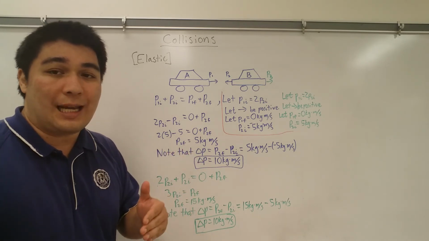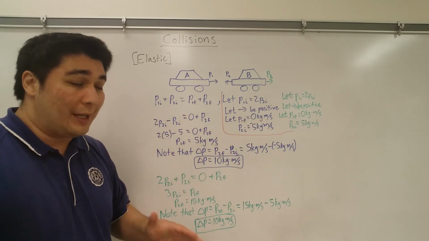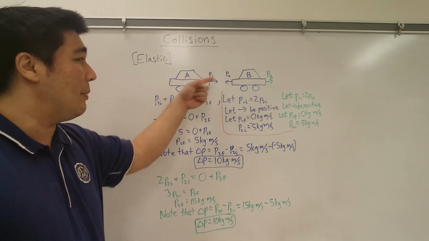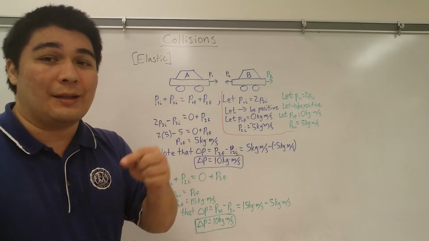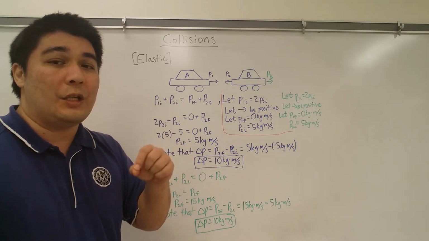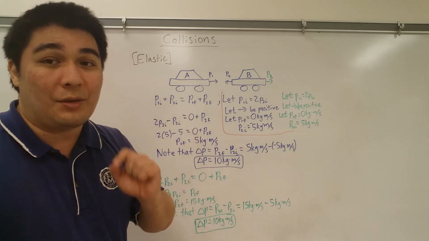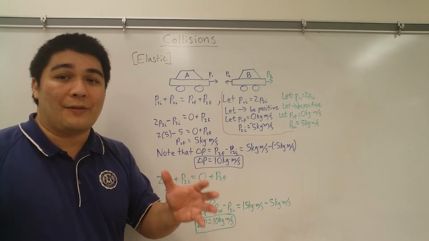It'll be just as damaging whether you're going away from the car or coming towards the car. But that's not always the case. And of course, this is only talking about the collision between car A and car B. It is not talking about the damage being done with you in the car. If you are in that car, that's a whole different story, because it's a whole other set of collision equations that we have to take into account.